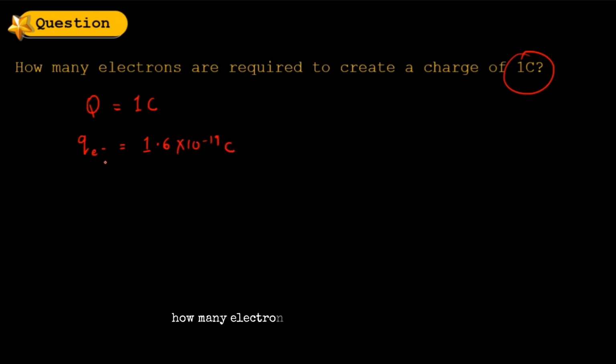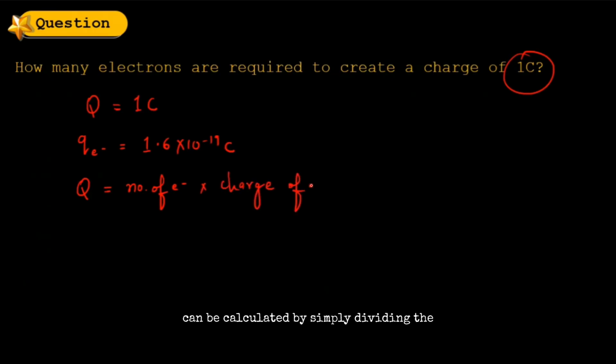So the question is how many electrons are required to make 1 coulomb of charge. We can simply say that the total charge must be equal to the number of electrons times the charge of each electron. So the number of electrons can be calculated by simply dividing the total charge by the charge of one electron, which is supposed to be e minus.